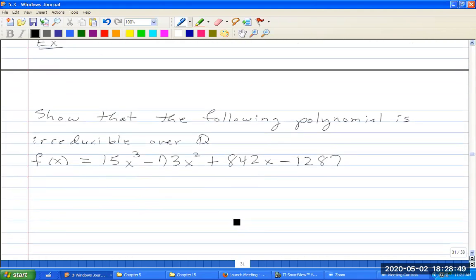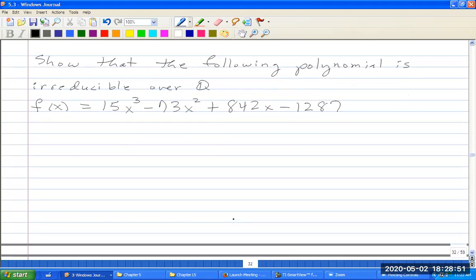So let's do an example. Show that the following polynomial is irreducible over the integers.